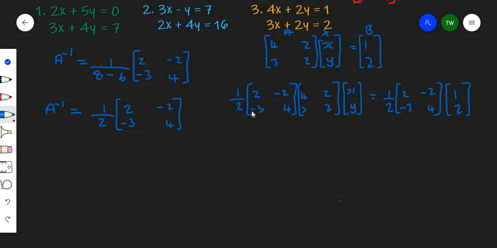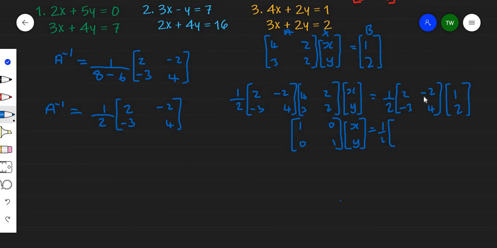Now, the inverse of A times A, all that's going to give us is just the identity matrix, which is 1, 0, 0, 1. Then this is going to times xy. Going to keep our half, and we're going to multiply out the other two matrices.